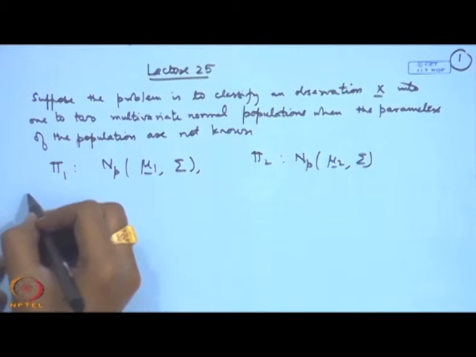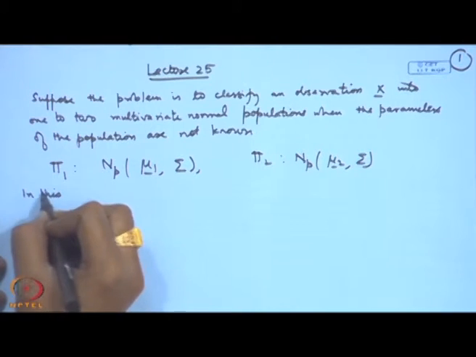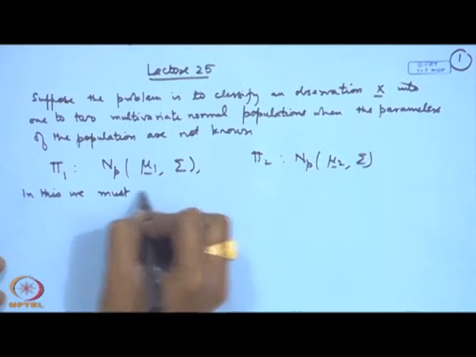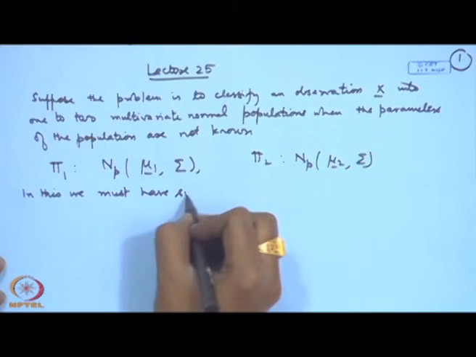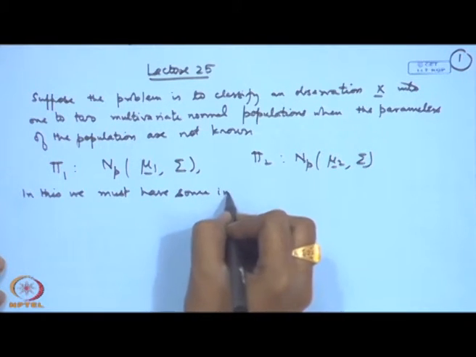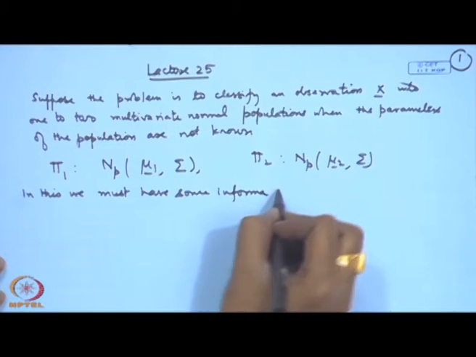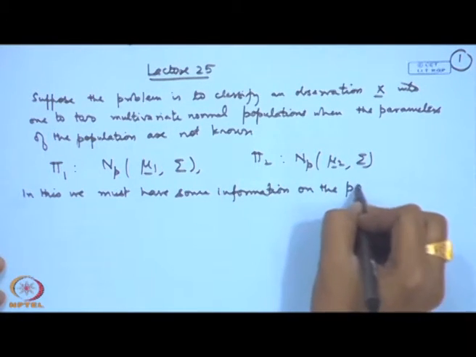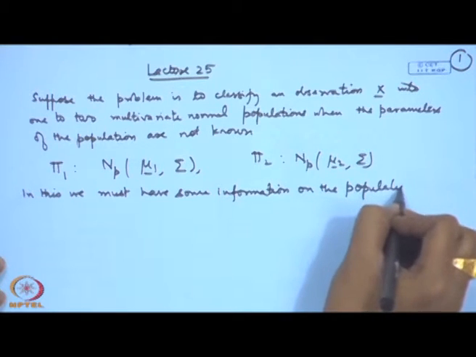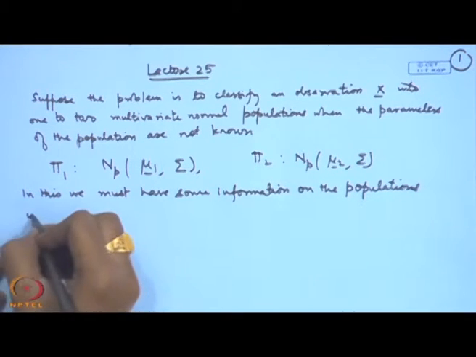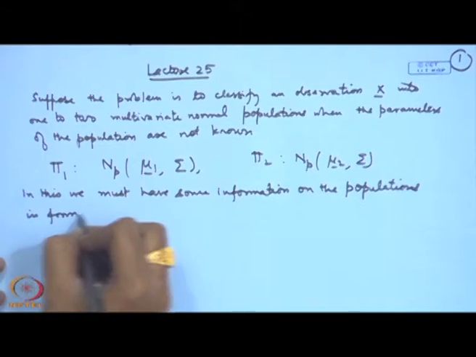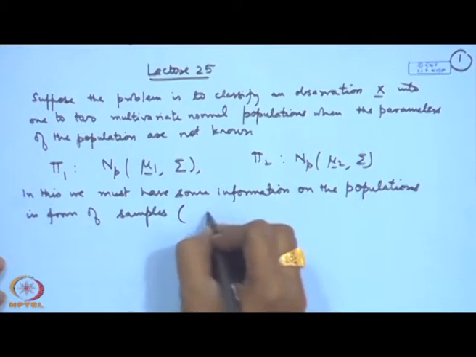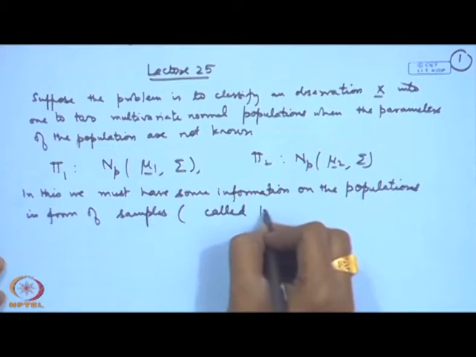So, in this case we must have some information on the populations in the form of samples. These are actually called training samples.